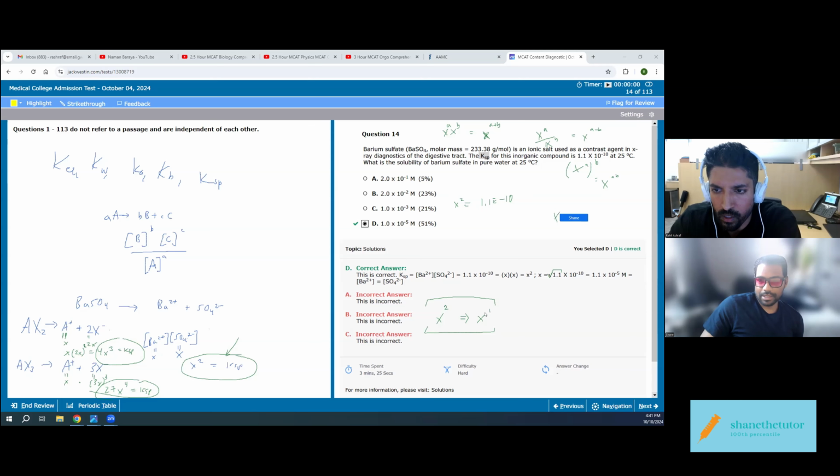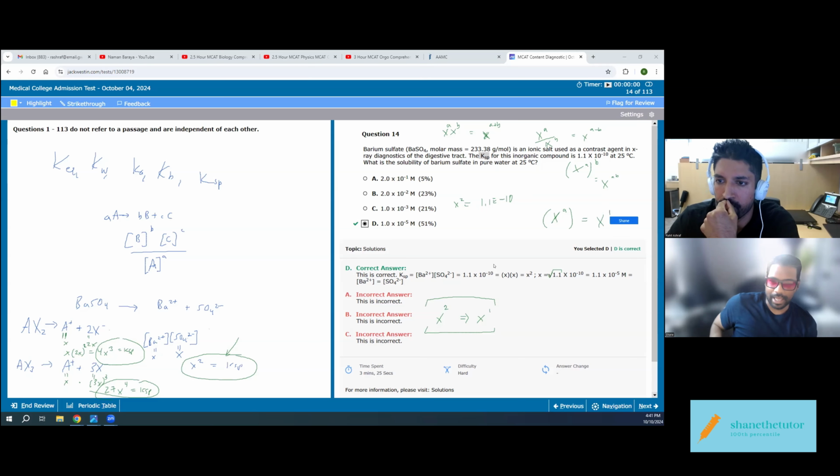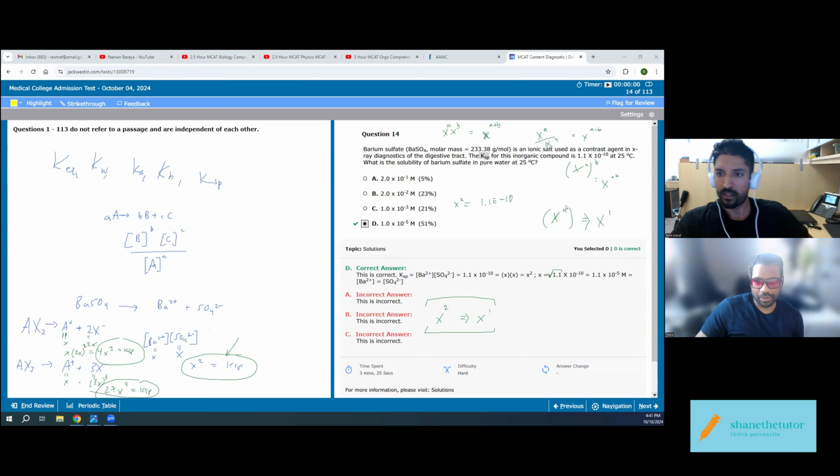Couldn't it be x to the 1 times x to the 2, technically? No, so let's try this. X to the a, what can we do to turn it into x to the 1? Let's say a is some number.